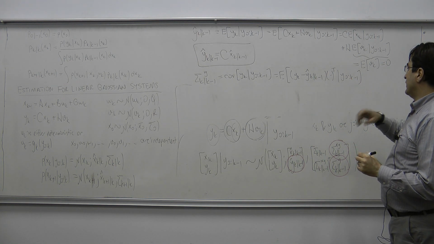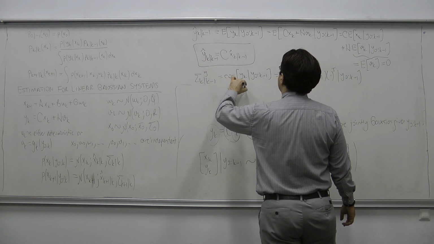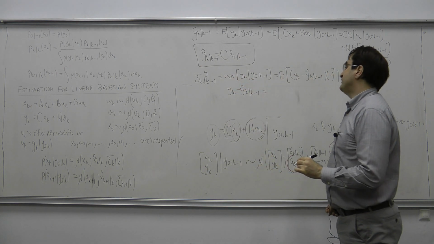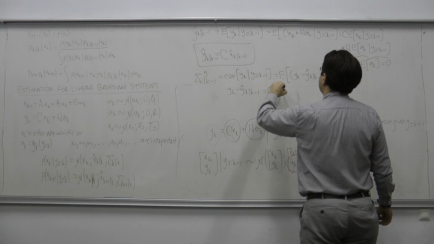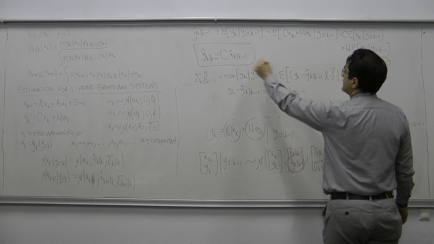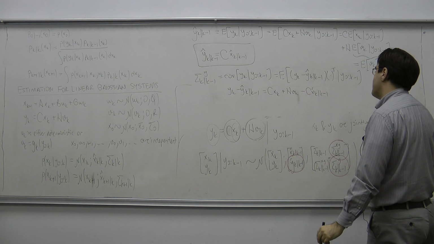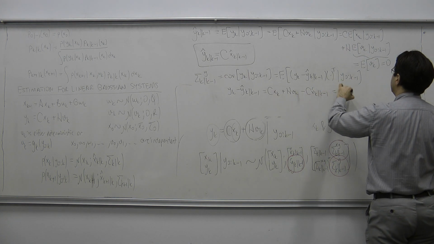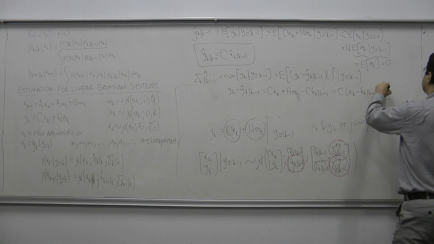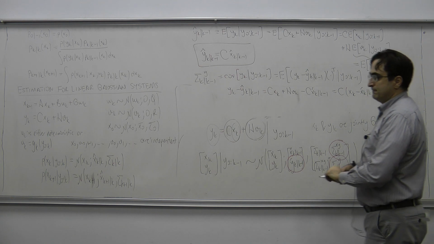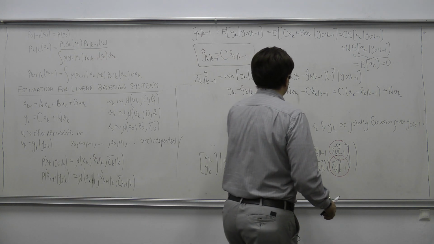So now I'm ready to actually do this subtraction. So y_k − ŷ_{k|k-1} is nothing but C x_k + H v_k minus C x̂_{k|k-1}. That means that I would have C(x_k − x̂_{k|k-1}) here, plus H v_k. And I need to take the outer product of this quantity.